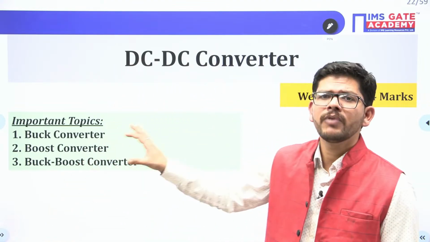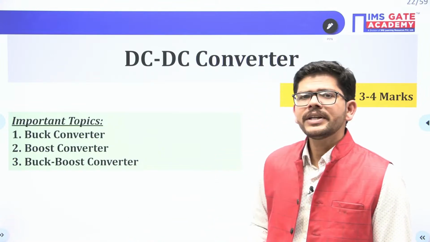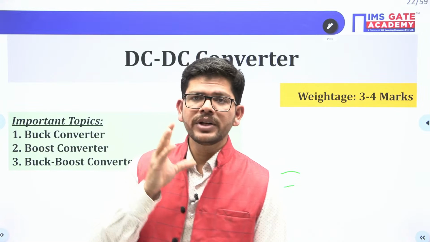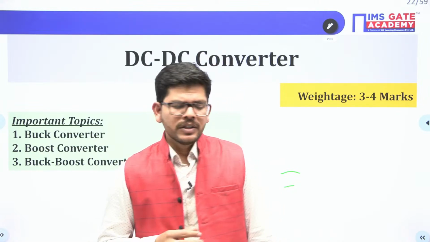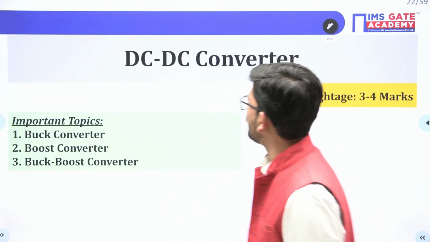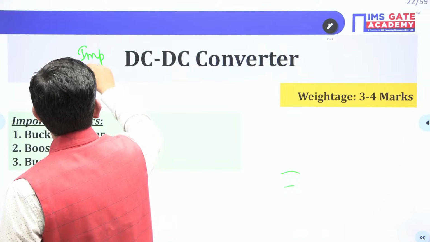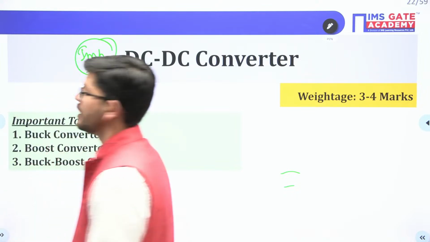In one question I have covered all these topics. After that we have seen the commutation circuit as well. Now I am coming towards the most important chapter, which is DC to DC converter.